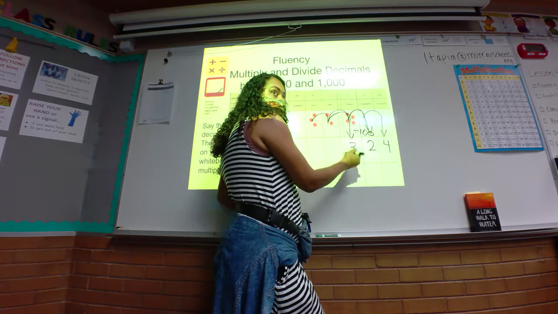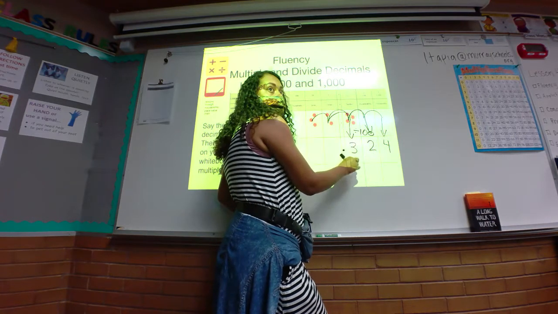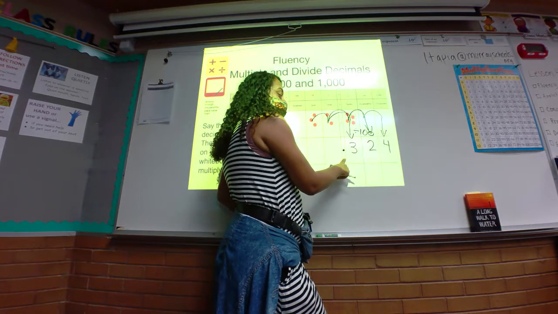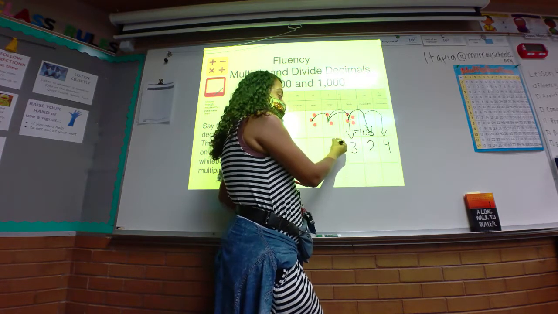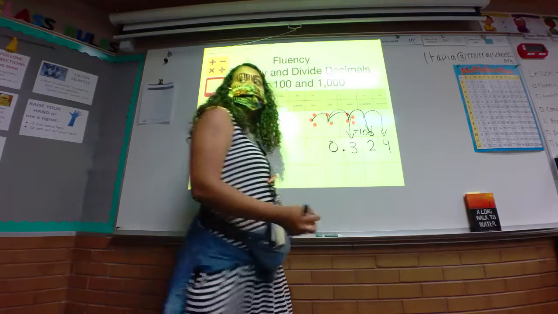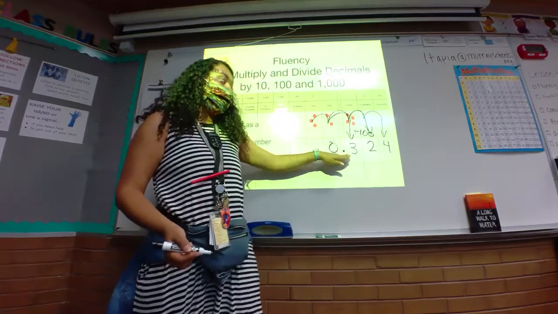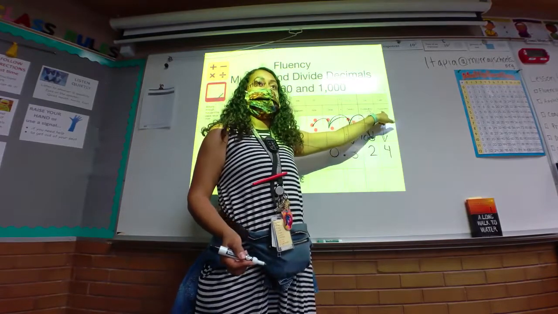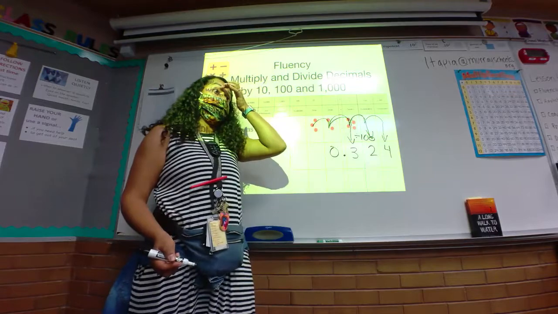Don't forget your decimal. Yes, Marley? Oh, okay. You can put a 0 here because we still have 0 ones. So now it equals 324 thousandths. Okay?